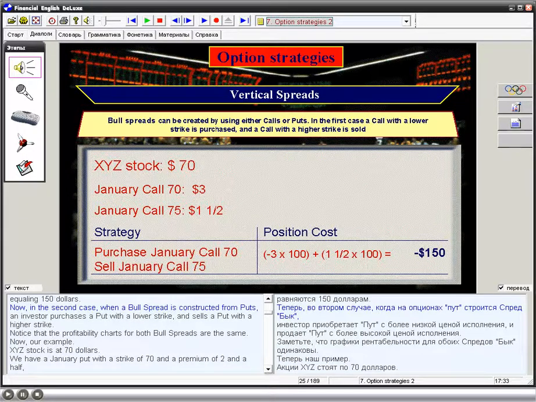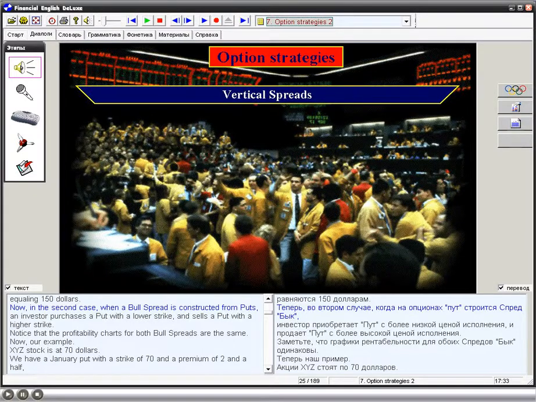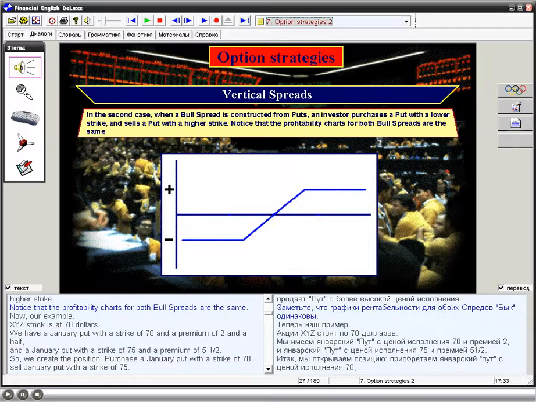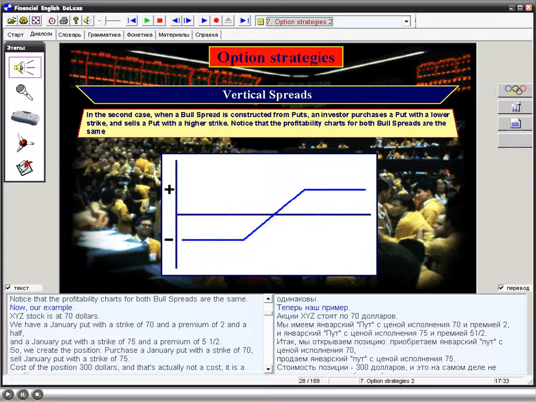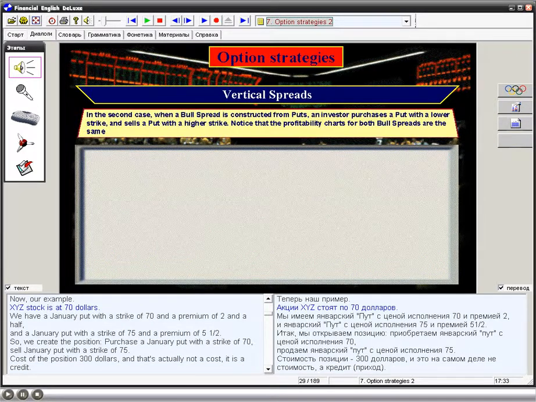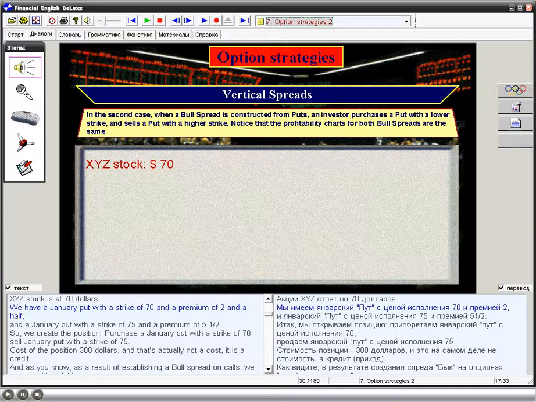Now, in the second case, when a bull spread is constructed from puts, an investor purchases a put with a lower strike and sells a put with a higher strike. Notice that the profitability charts for both bull spreads are the same. Now our example. XYZ stock is at $70.